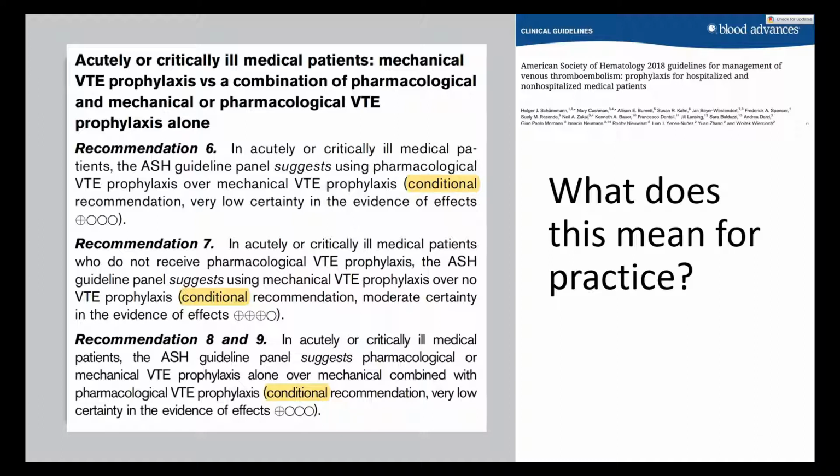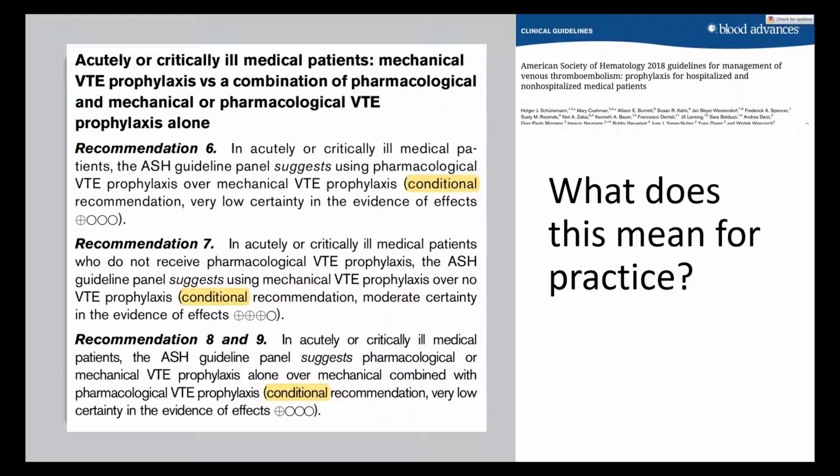I'm going to give you a quick example. Recommendation number 6 in these clinical practice guidelines reads, in acutely or critically ill medical patients, the ASH guideline panel suggests using pharmacological VTE prophylaxis over mechanical VTE prophylaxis, and that is labeled as a conditional recommendation.